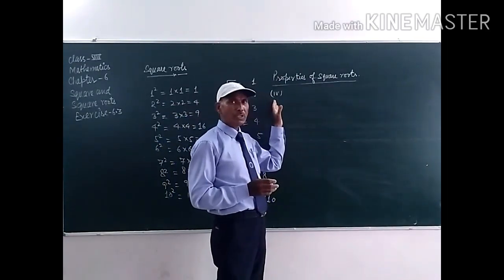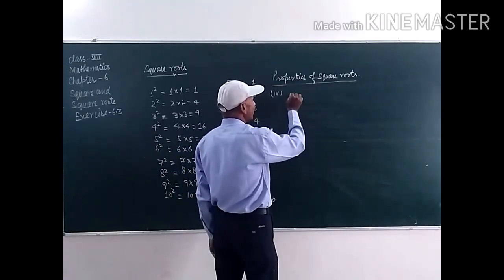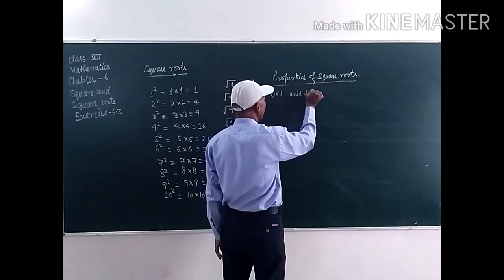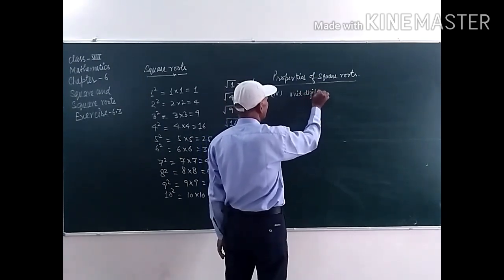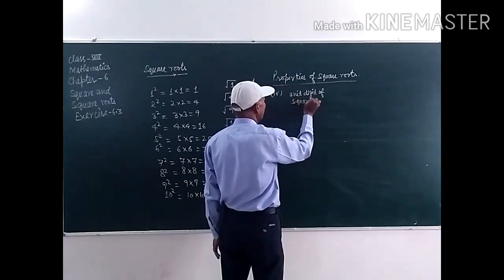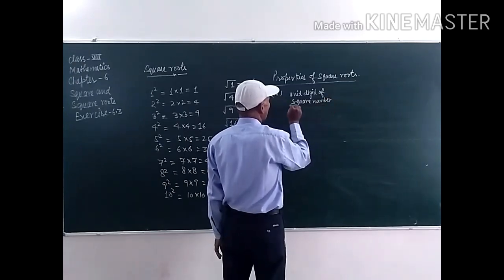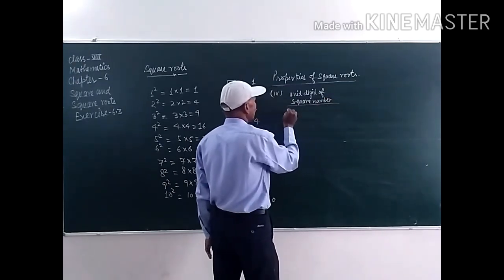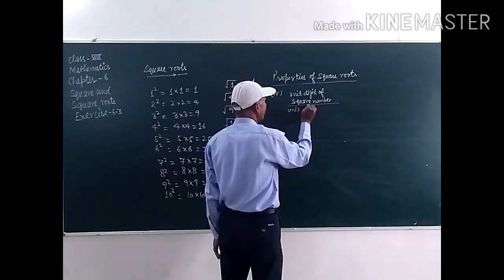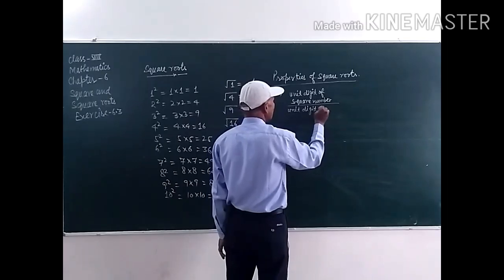This one is the fourth property, student, and here there is a table: unit digit of square number and unit digit of square root.